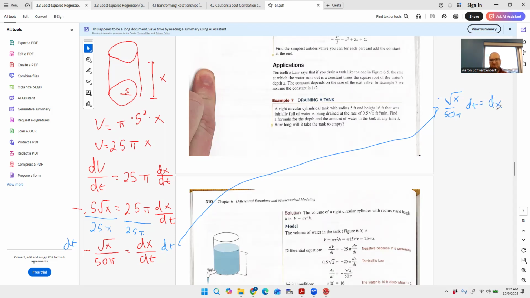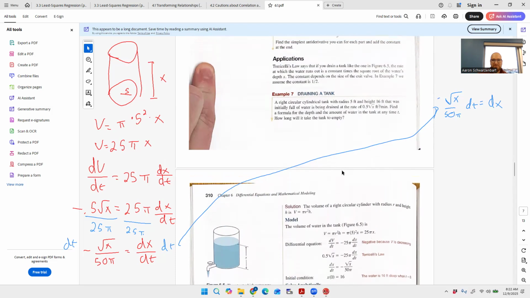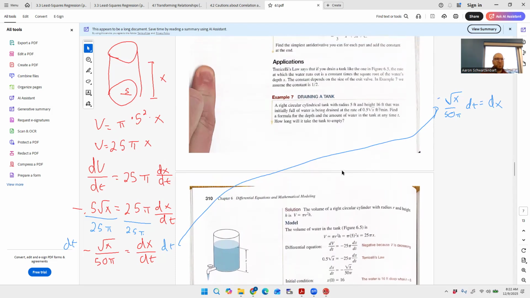I need to definitely move the dx the other way, right? I'm going to take a look if the book moved the 1 over 50 pi or not. They did not. And you could move the 50 pi as well, but you don't necessarily have to.